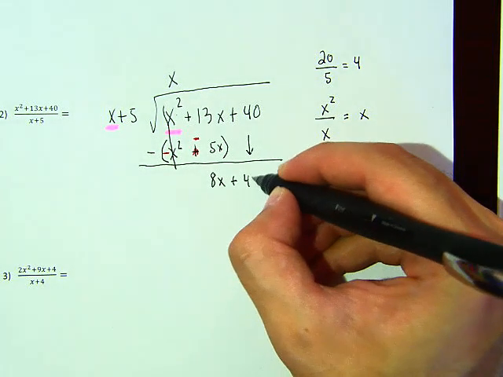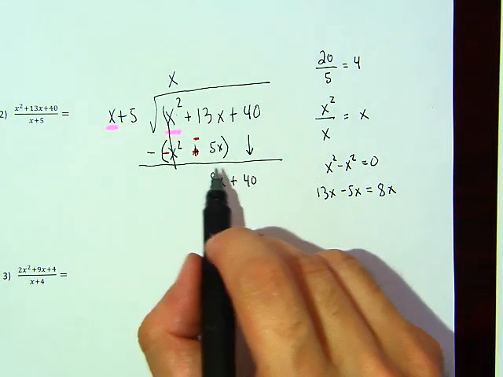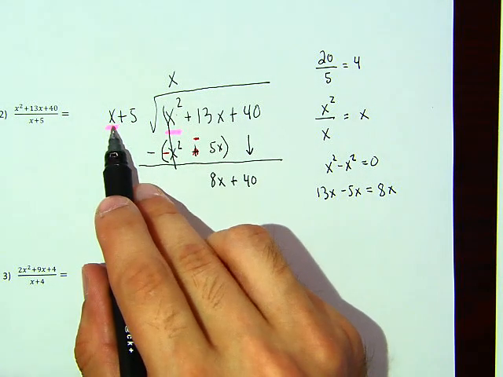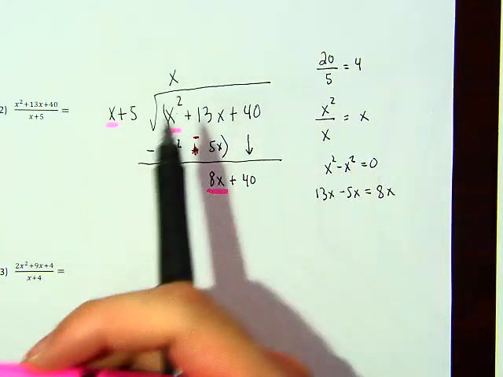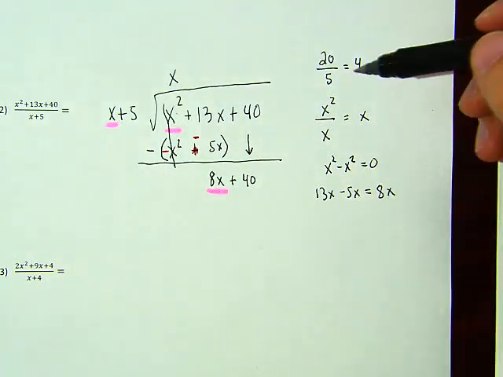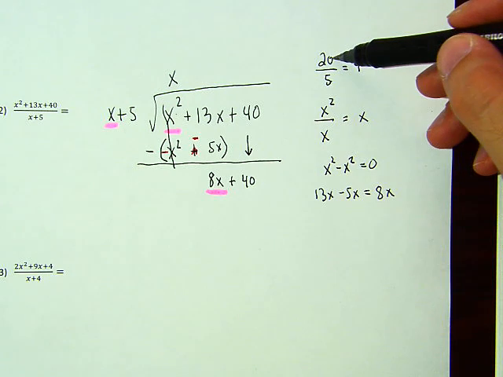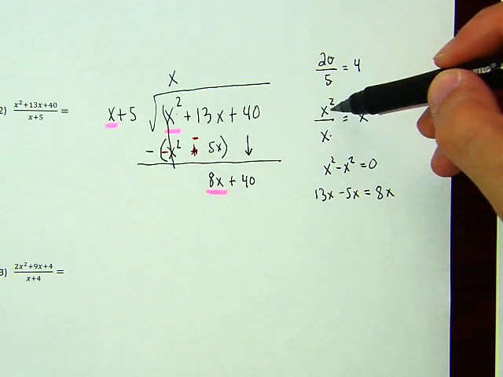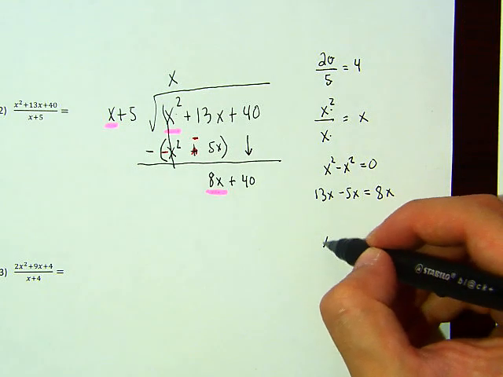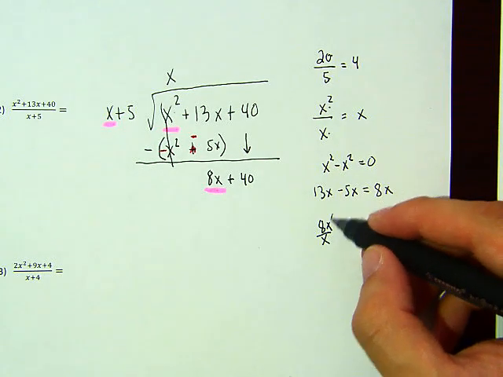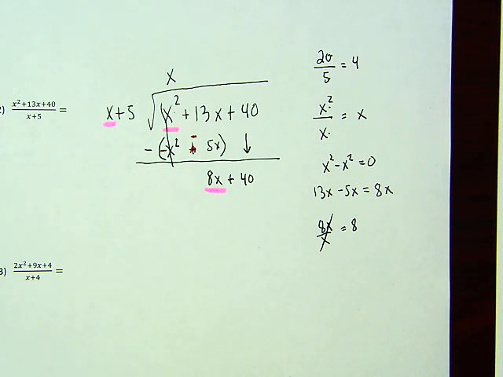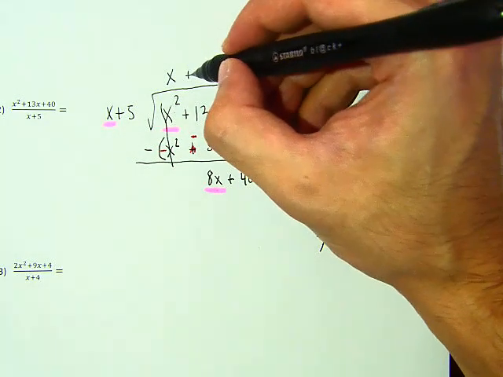Okay? Now what's next? What do we say? We say, how many times does x go into this 8x, right? How many times does 5 go into 20? How many times does x go into x squared? How many times does x go into 8x? Okay? And that should just be 8 times. Now this is plus 8.